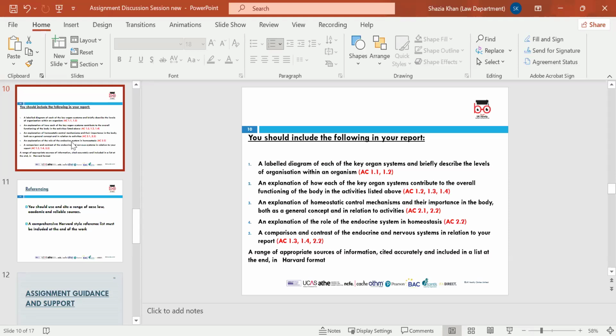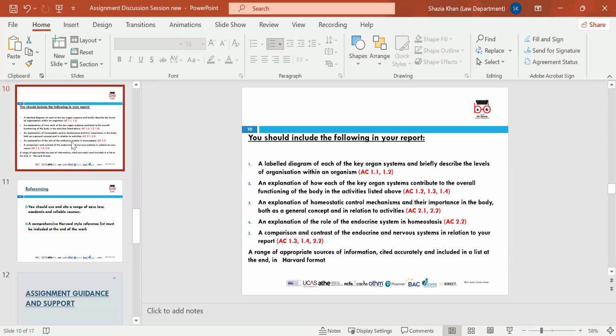Then number 4 is again learning outcome 2, and number 5 is learning outcome 1 and 2. So they do mix up, but just remember that 1.1 is learning outcome 1, 1.2 is learning outcome 1, 2.1 is learning outcome 2, and 2.2 is learning outcome 2. This is how you will remember it.